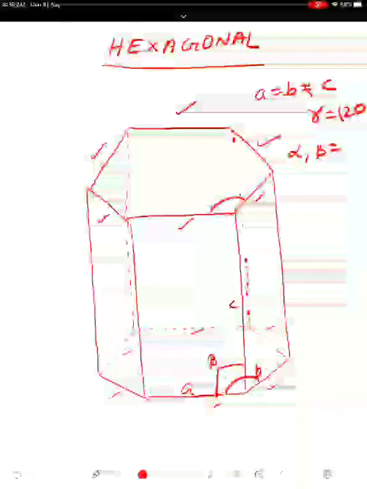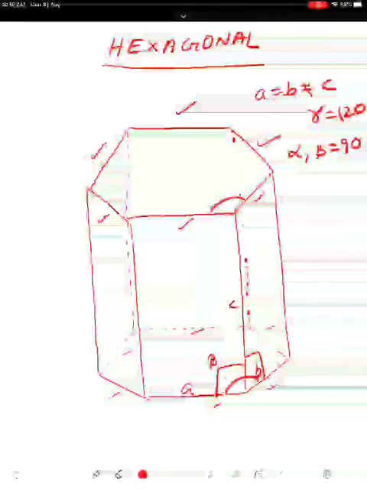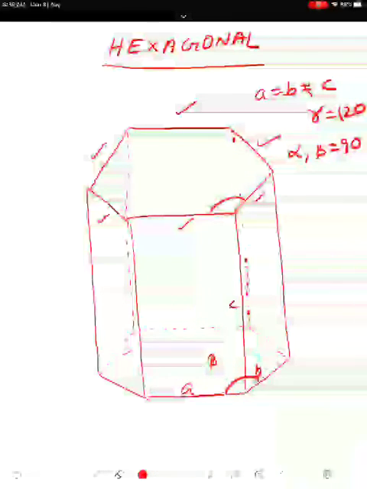Opposite to B is beta, opposite to A is alpha. These two are 90. Alpha is equal to 90, beta is equal to 90, but gamma is equal to 120. This is hexagonal. Only primitive is there.